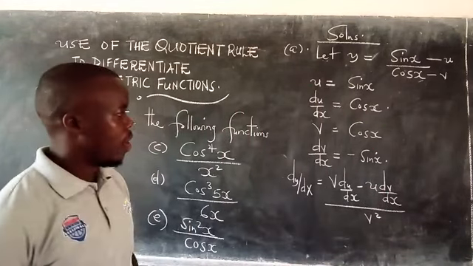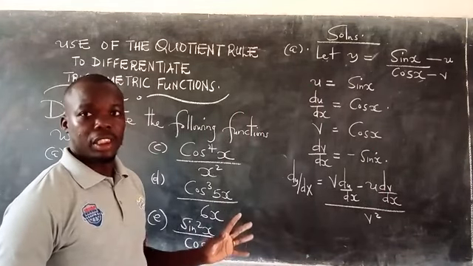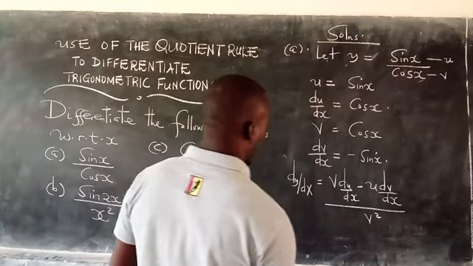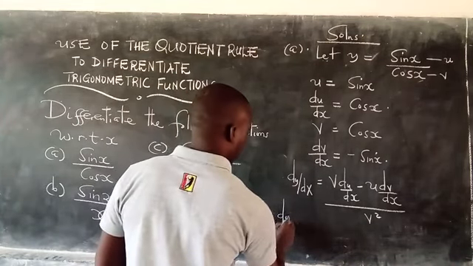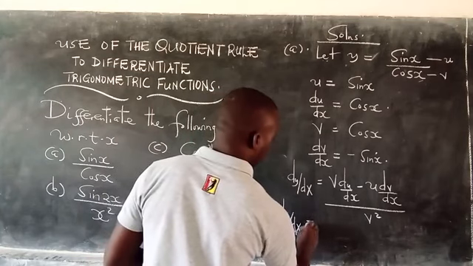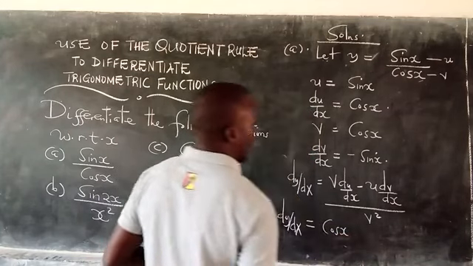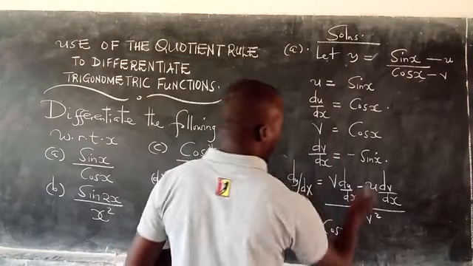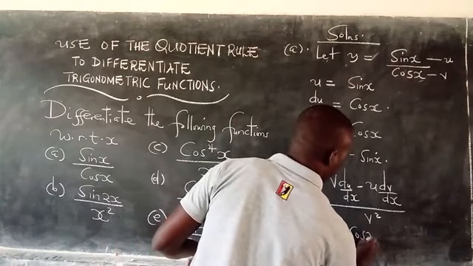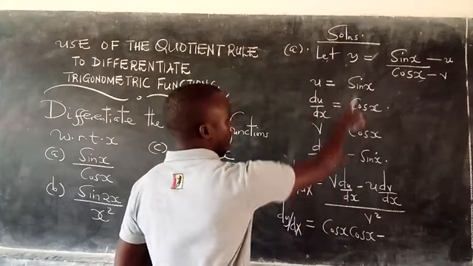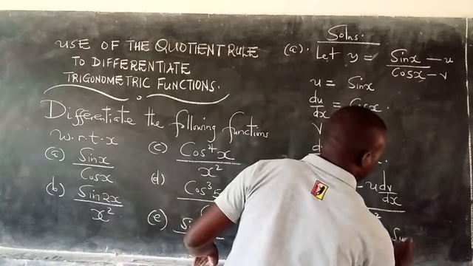So that is going to be our formula, and so the next step is basically going to be the substitution. If we do the substitution, it means dy dx will now be v, which is cos x, times du dx, which we know is cos x also. Minus is minus here. What is our u? Our u is sine x.